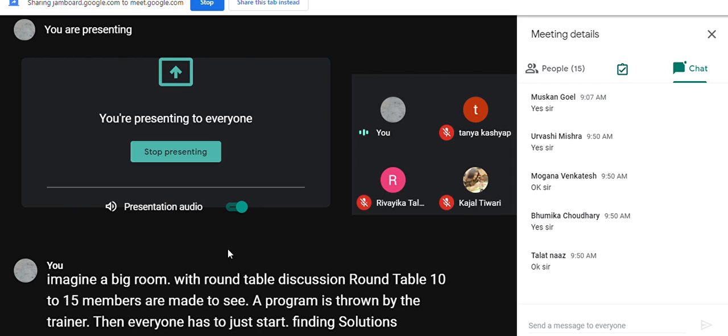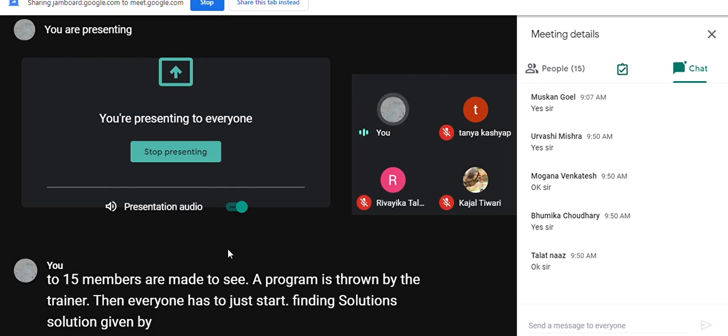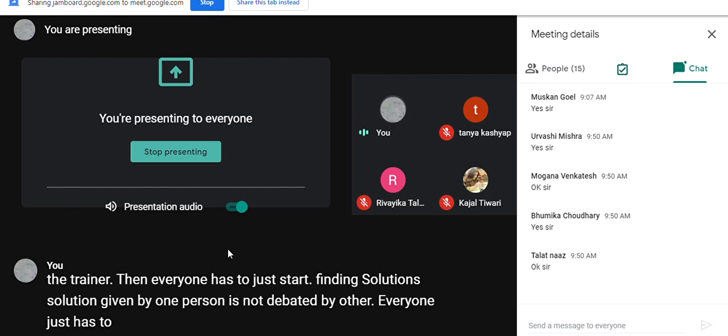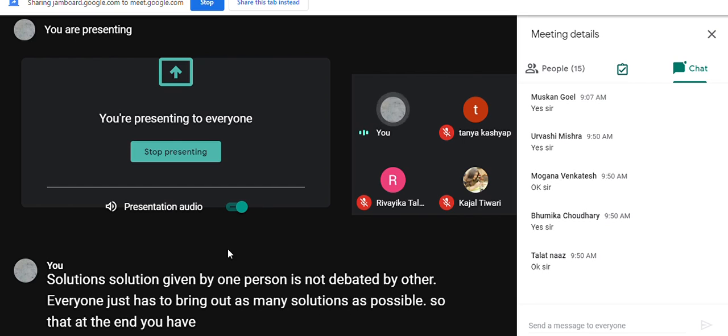A solution given by one person is not debated by others. Everyone just has to bring out as many solutions as possible, so that at the end you have a huge quantity of different solutions from different dimensions.